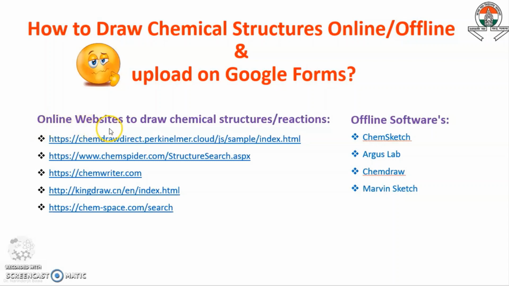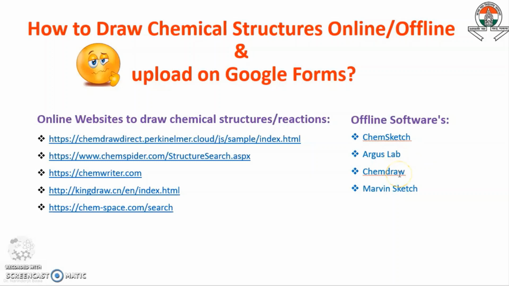All these online websites are available to draw chemical structures or reactions. And you can also draw your chemical structures or reactions using offline softwares such as Chemsketch, Argus Lab, ChemDraw, Marvin Sketch, etc. Chemsketch and Argus Lab are free versions, so they are freewares and you can use them as you like.